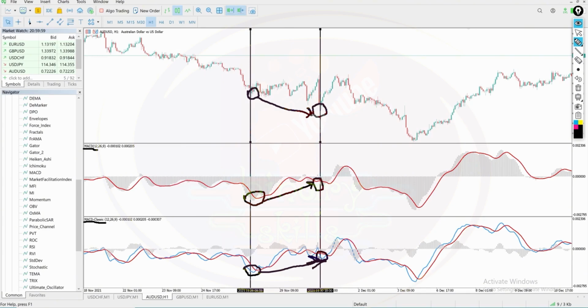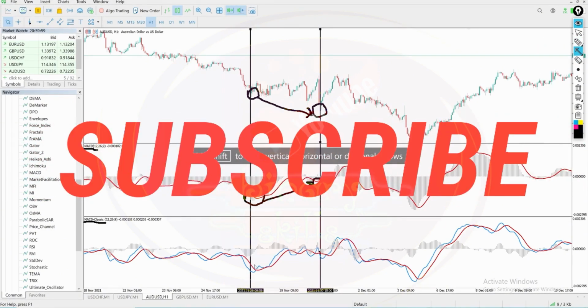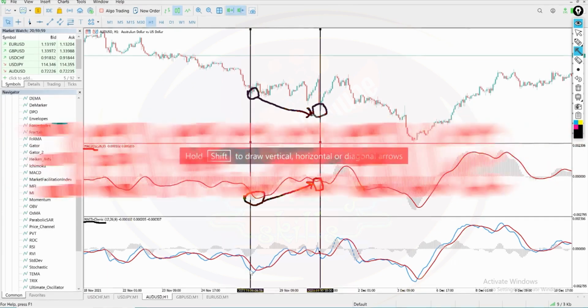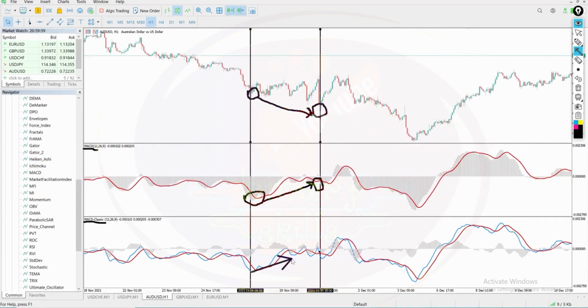It's the same here. If we want to draw it, let me clear this up and draw it better. If we consider this point here when working with the classic MACD, we need to focus on the blue line. Look, from this point, we see it forming like this. Similarly, on the other one, we see the same behavior.